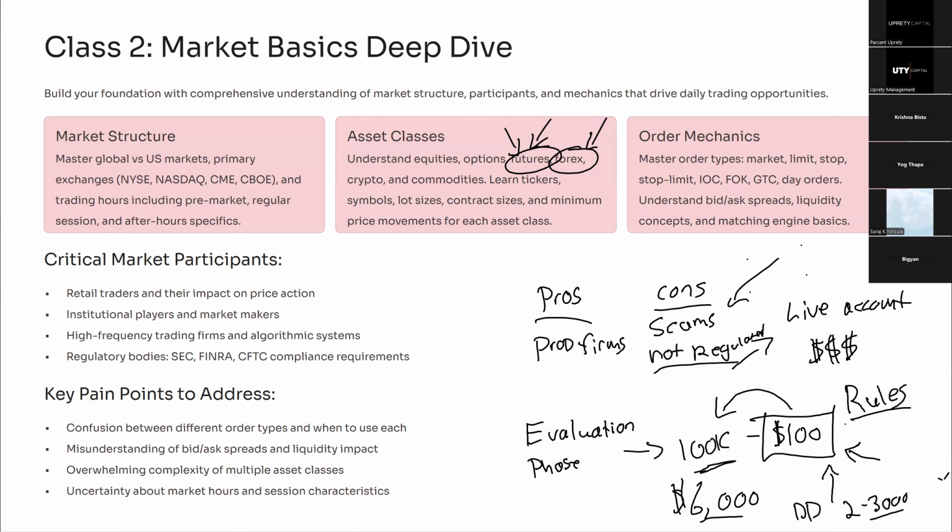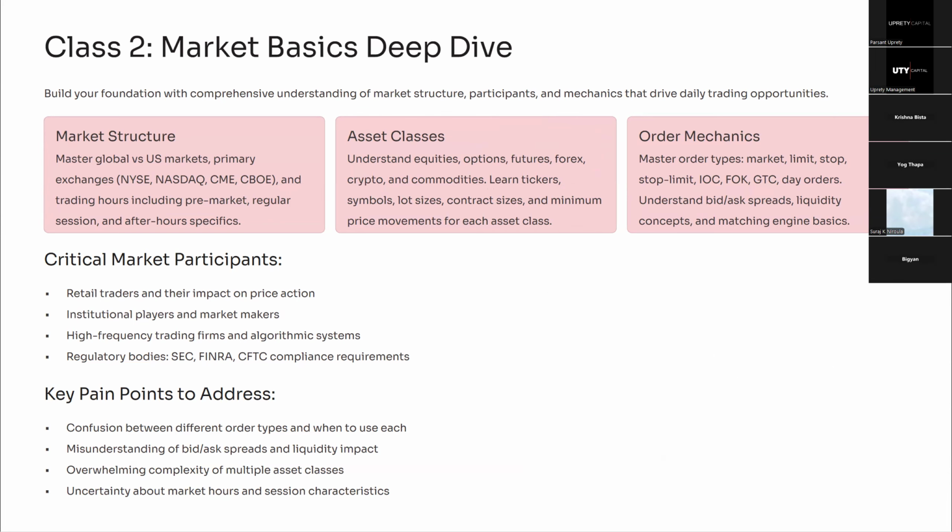You don't want to trade options one week, say that it didn't work for you, go to futures and then go to equities and then go to Forex. Pick one and get really, really good at it. I'm not even going to go into crypto trading. That's one thing I will not cover just because I'm not a big believer in trading crypto. I've seen people do it, people made a lot of money, but it's not my area of expertise to teach you. And then we have the order mechanics, which is what we're going to go into next.